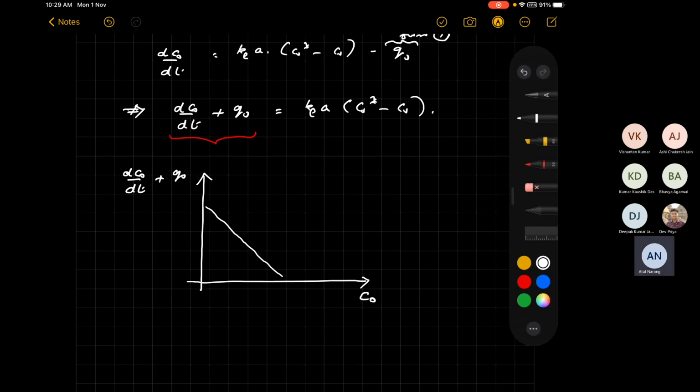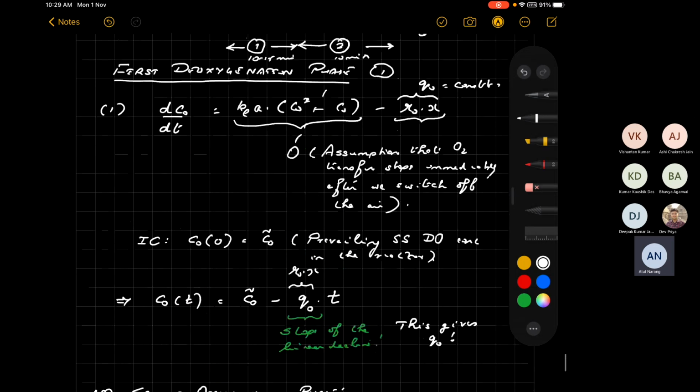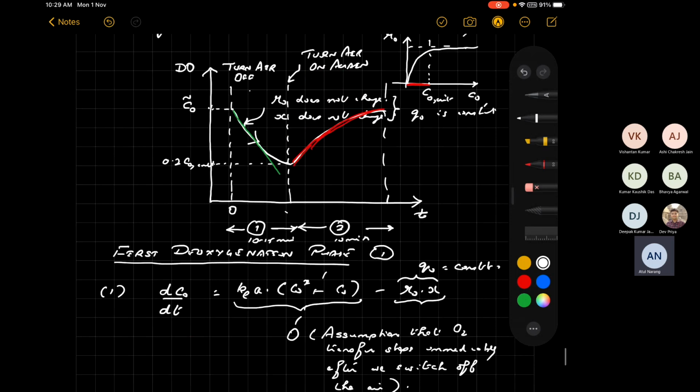It will go down linearly. It will have a slope equal to minus KLA, right? And its intercept will be CO star. So this method actually gives you both KLA and CO star, where this data has been obtained from the data in the oxygenation phase, which is shown in red color.